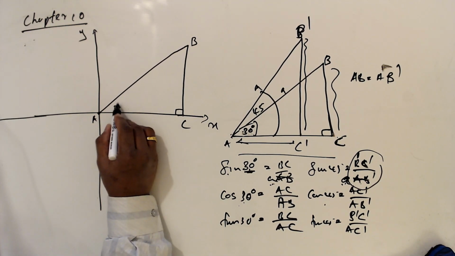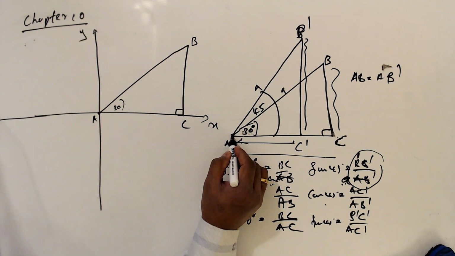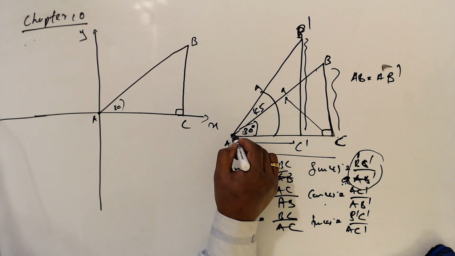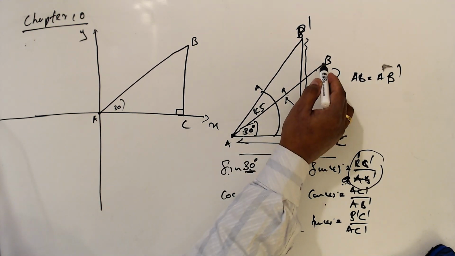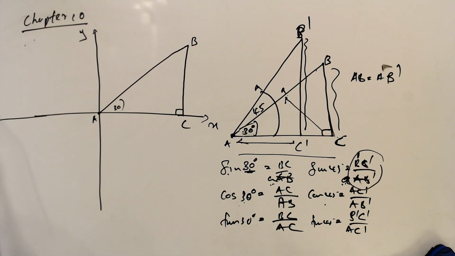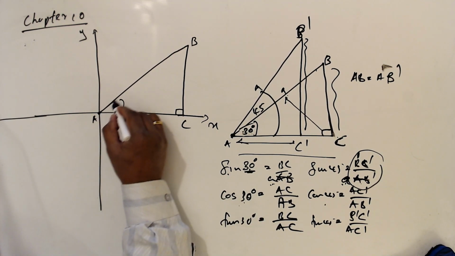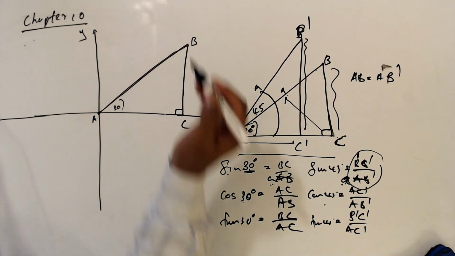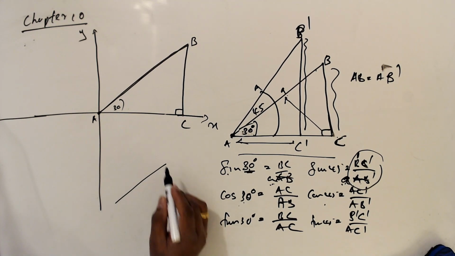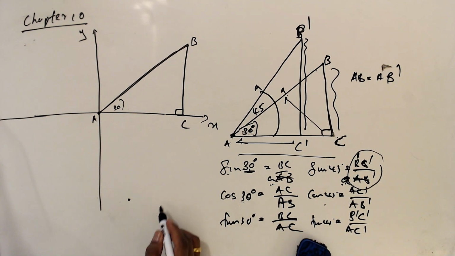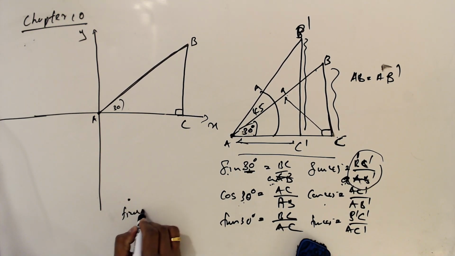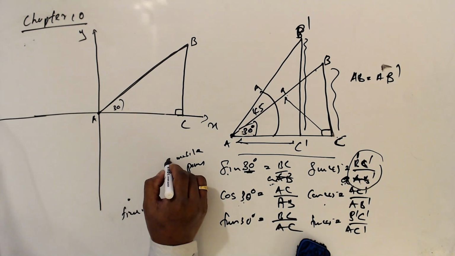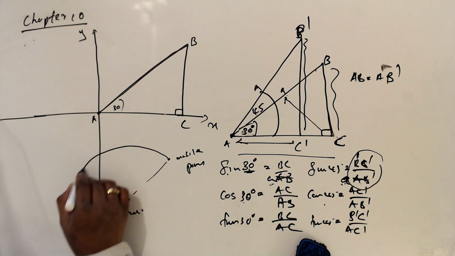So even now this is 30. Can you see that I kept this AB, the hypotenuse, fixed? This point is fixed, and I move this point B to B dash. Likewise, if we have two points, and this is fixed and this is a mobile point, moving while keeping the same distance, then what is the path of that?